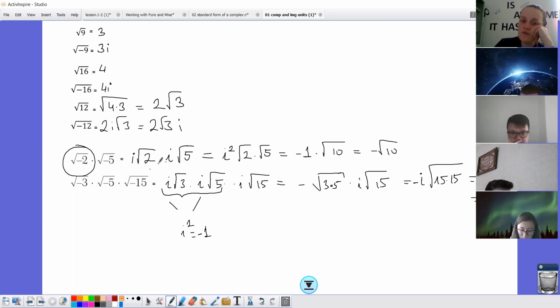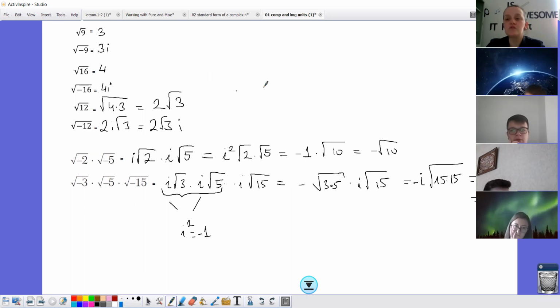But if it is i root of 2, as you can see, I can do some more operations. So the imaginary unit helps us continue to solve questions if you have a negative number inside the radical sign. If it is okay, I'm continuing to see more questions.